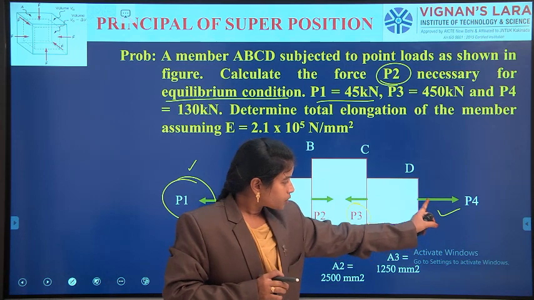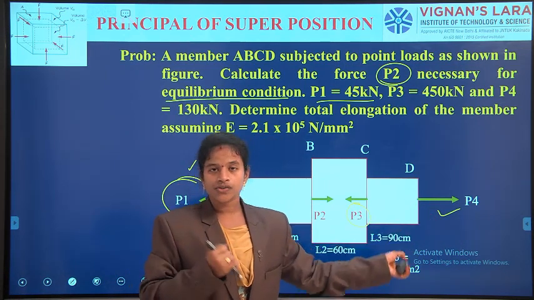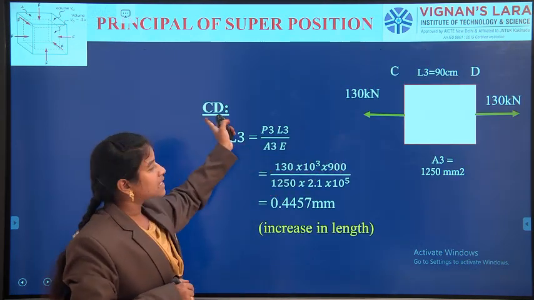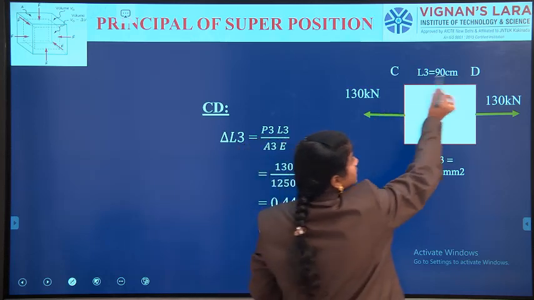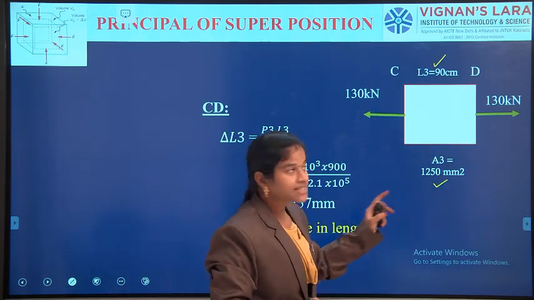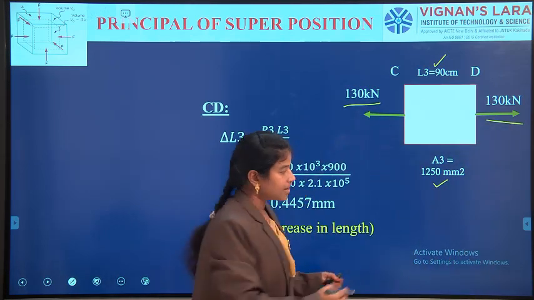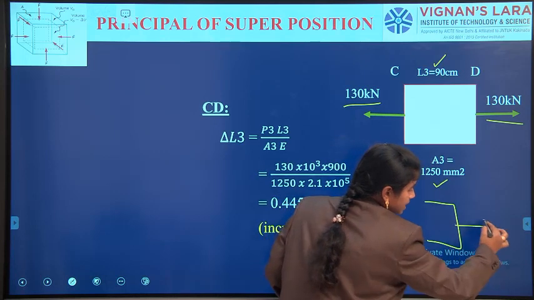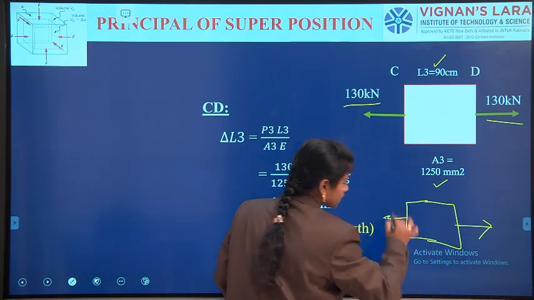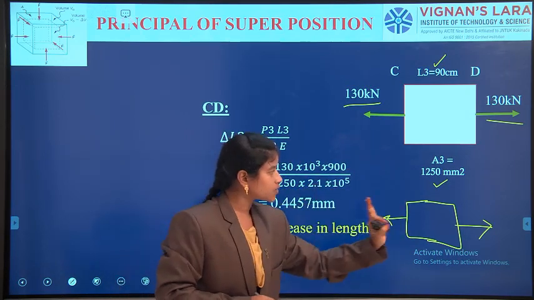So similarly, on the opposite side of CD also will be 130 kilonewtons only. So I am writing the free body diagram for CD. So CD segment, length of CD segment, area of cross section of CD segment, and load on each side. As we said that D corner is having certain load, the other end will have the same tensile load. So this condition is okay.